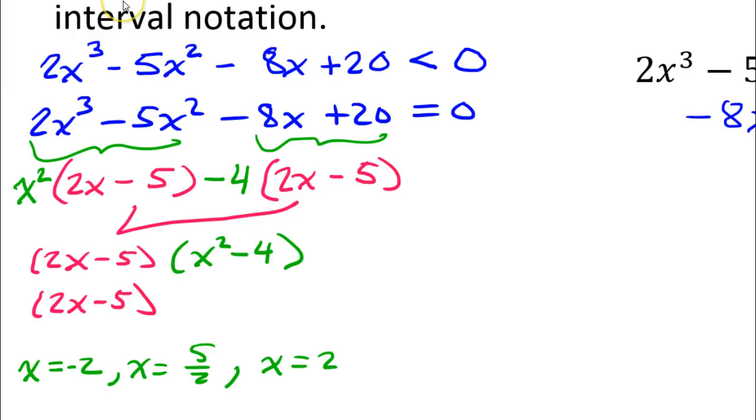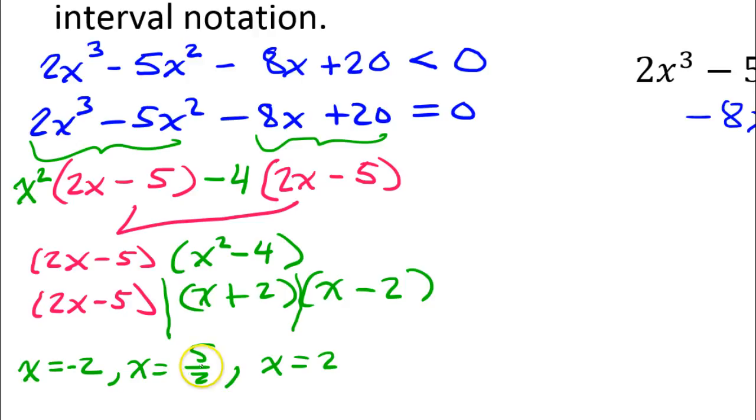But this x squared minus 4, that's the difference of 2 squares, and it factors as x plus 2 times x minus 2. If I set each of these equal to 0, I'm going to get 5 over 2, which is right here, -2, which is right here, and positive 2, which is right here. So you're going to get the same answers either way. You just have to decide which is more comfortable for you and which way you happen to notice.